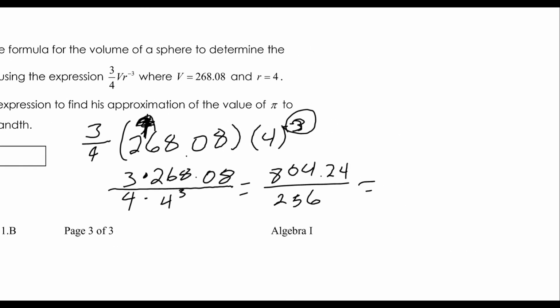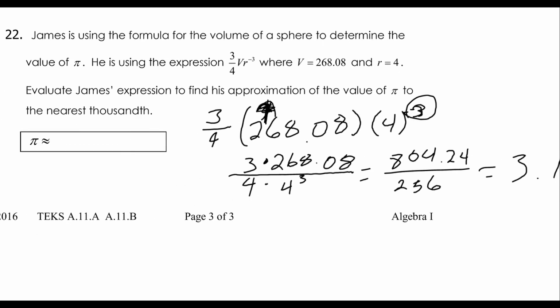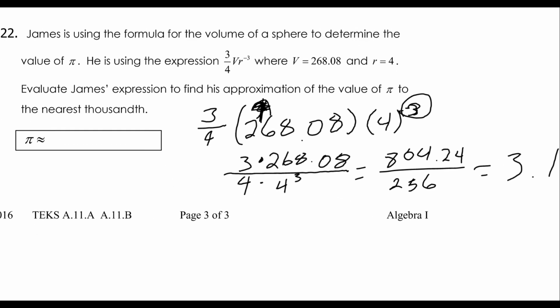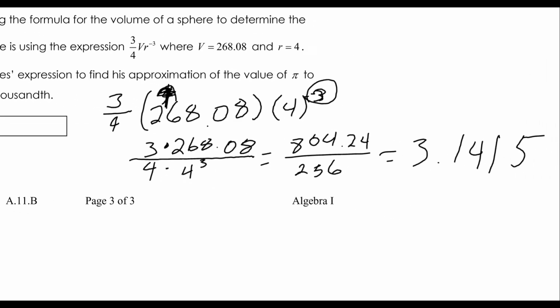Okay, so now what we need to do is go ahead and find out what that winds up equaling. So we got 804.24 divided by 256. And I got 3.1415. Alright, now it says that we need to find the value of pi to the nearest thousandth, okay?